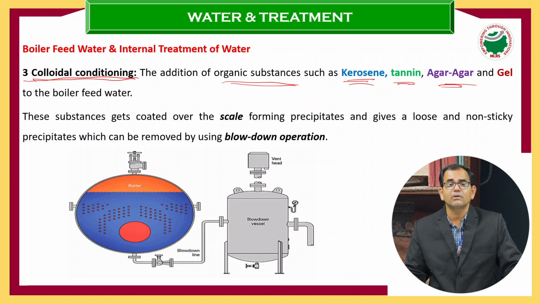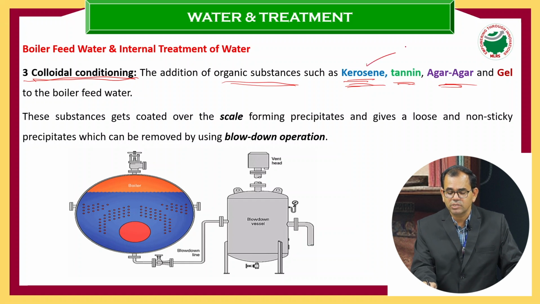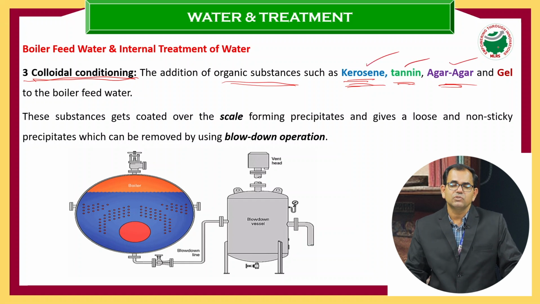With that, whatever paint stains are there on our hands will be easily removed. So similarly here, by adding these organic substances like kerosene, tannin, agar agar, whatever loose and slimy precipitate is there inside the boiler feed water will be easily removed by adding these three organic substances.